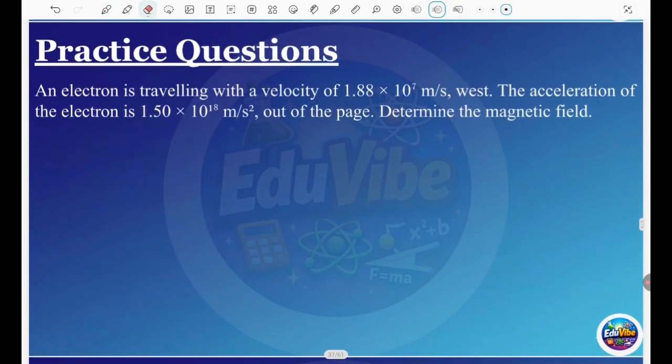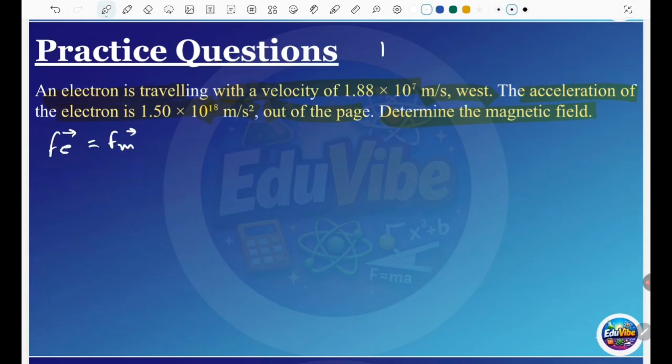Next question says that the electron is traveling with a velocity of 1.8 times 10 to the power 7 meters per second west. The acceleration of the electron is 1.5 times 10 to the 18 meters per second squared, out of the page. Determine the magnetic field. This involves the electron velocity, and it is a question where Fe is equal to Fm.